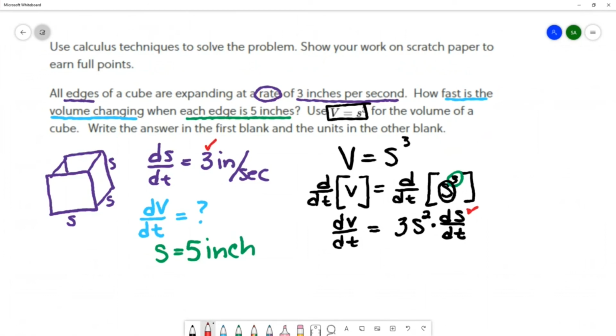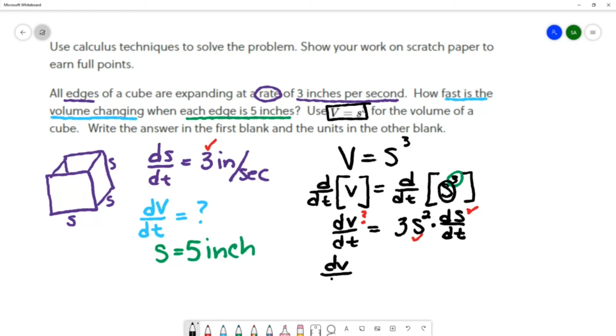I have s, which is 5. And my unknown is dV dt, the rate of change of the volume. And that takes care of all of the variables within this question. So I have enough information to solve for the rate of change of volume.